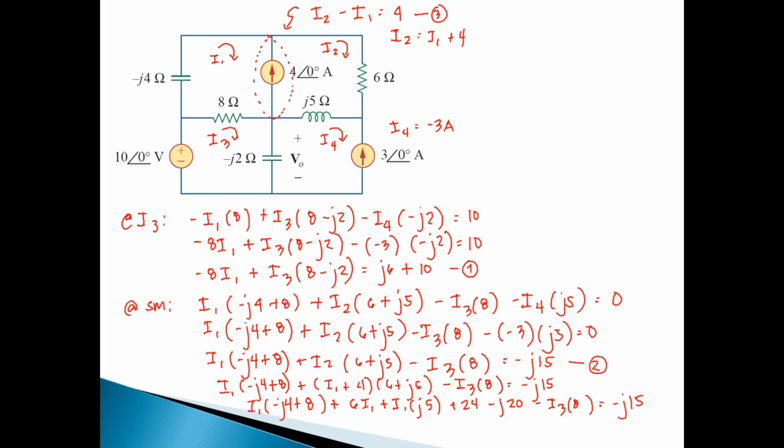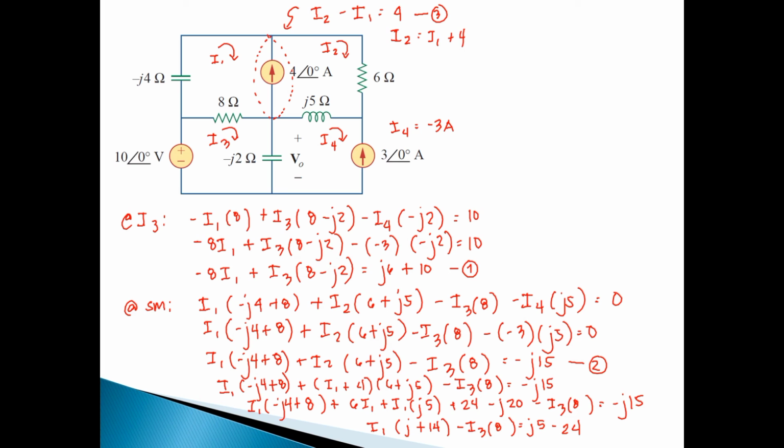Simplify, we'll have I1 times negative j4 plus j5, that's j, and then 8 plus 6 is 14, minus I3 times 8. Then on the other side, we'll have positive j20 minus j15 is j5, and then minus 24.